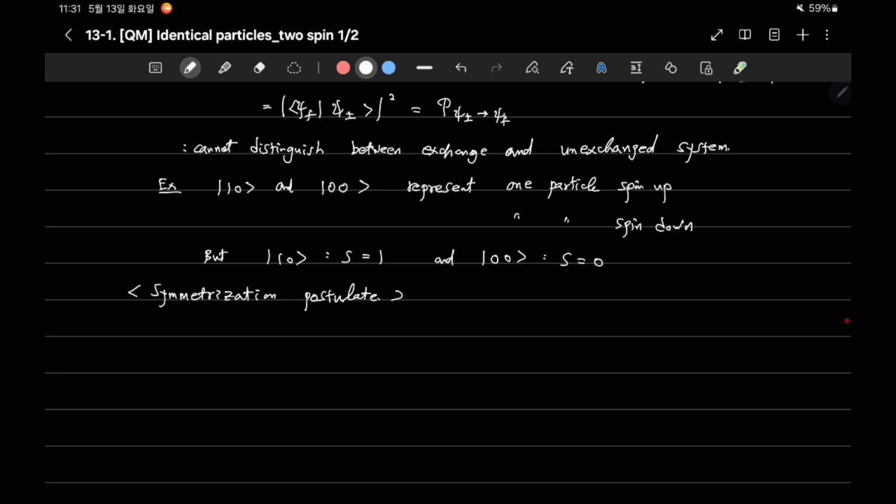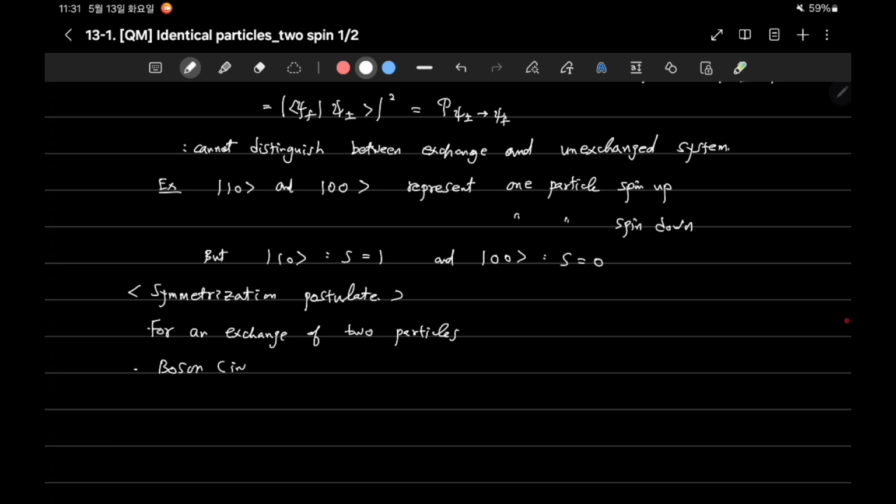What is the symmetrization postulate? The quantum state vector of a system must be either symmetric or anti-symmetric with respect to exchange of particles. For example, on exchange of two particles, in the case of the symmetric state, we call it a boson.